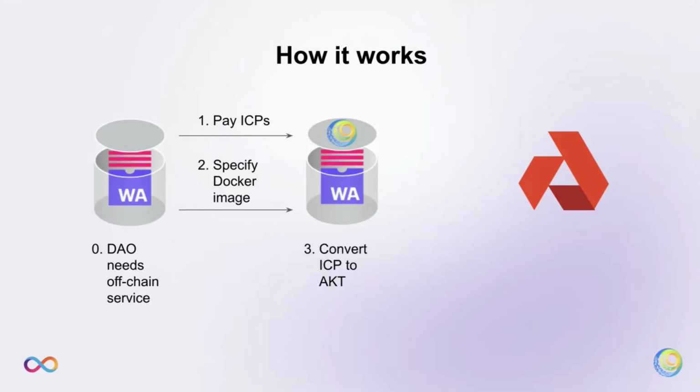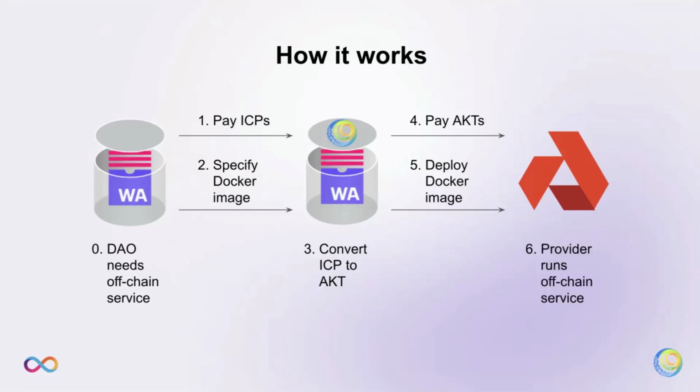The orchestrator canister converts the ICPs into Akash tokens and uses these to pay the Akash node provider that will deploy the Docker image. After these steps, there is basically a node provider that is part of the Akash network that is running the off-chain service that the DAO needs in order to operate.